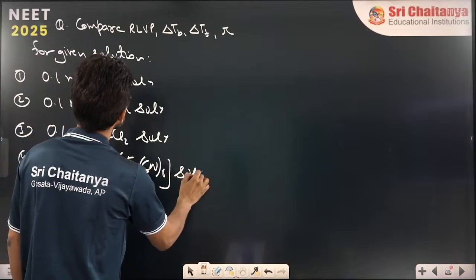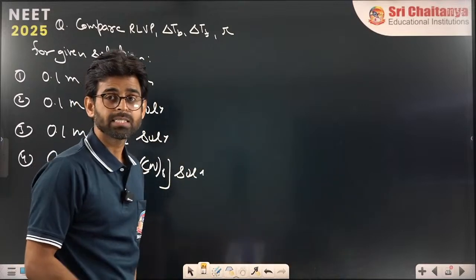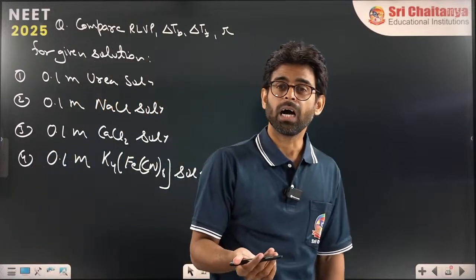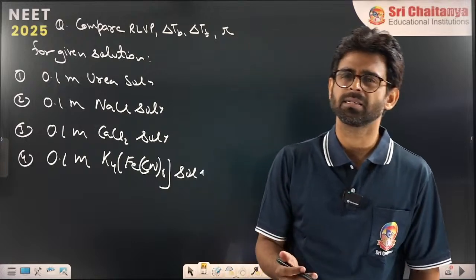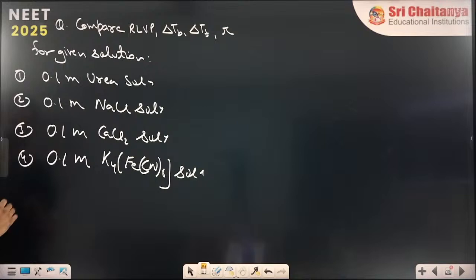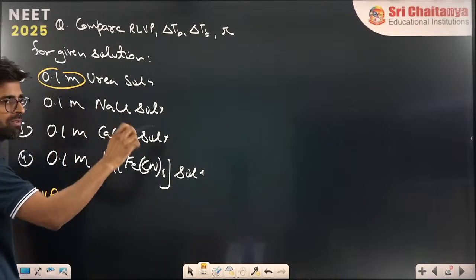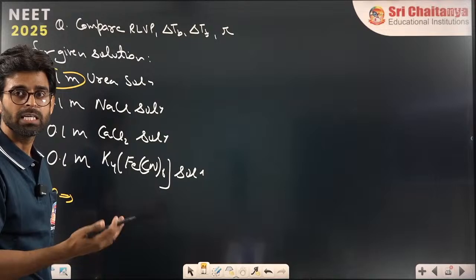So they can ask question from any of these. They can ask which of these have the highest osmotic pressure, highest boiling point, freezing point, like this one, right? So if I ask you, first of all, tell me which one has the highest RLVP? You see, if molarity is more, then mole fraction will be more. We know the relationship, right?